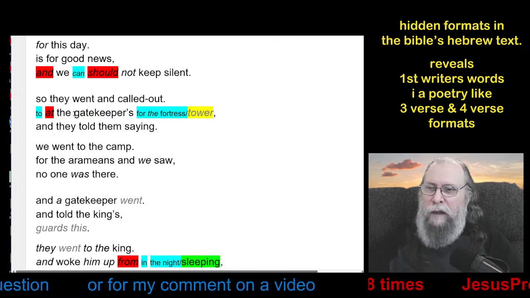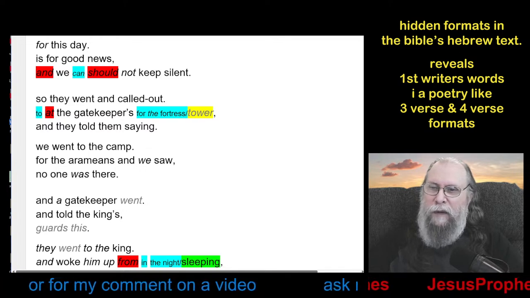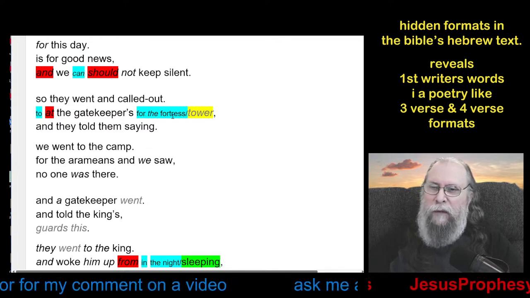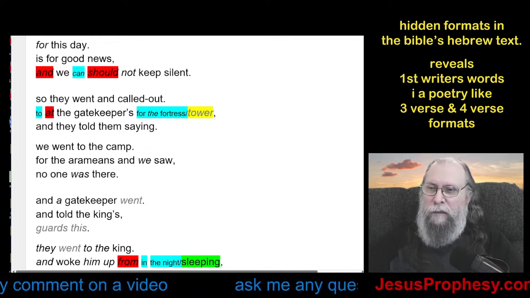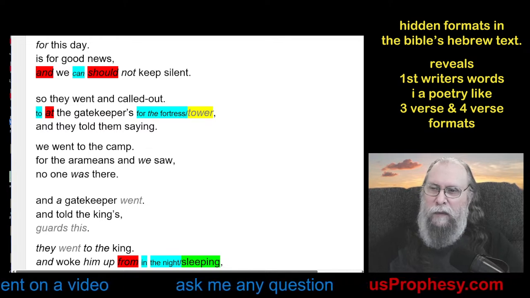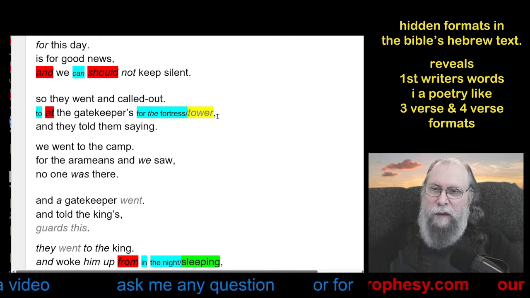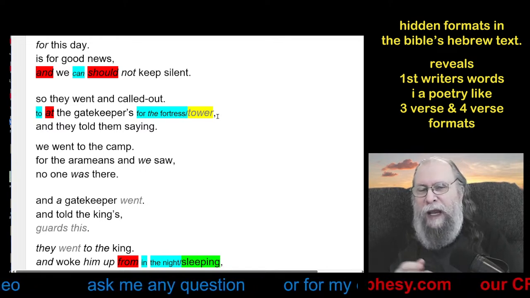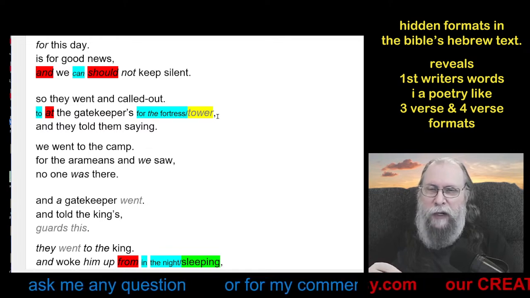Here, this has to be a gatekeeper's tower, not for the forest, but the gatekeeper's tower. At this time, this is probably talking about Samaria, which becomes the capital city, like Jerusalem for the 2 tribes.